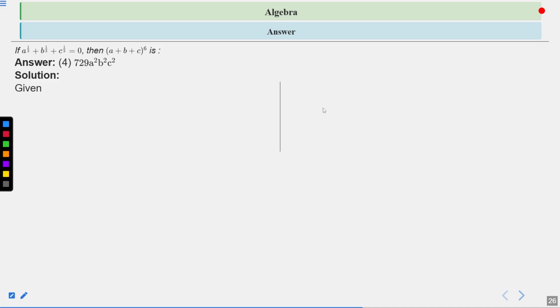So given that a to the power 1 by 3 plus b to the power 1 by 3 plus c to the power 1 by 3 equals 0. So we know that if x plus y plus z equals 0, then x cube plus y cube plus z cube is equal to 3 times x into y into z.